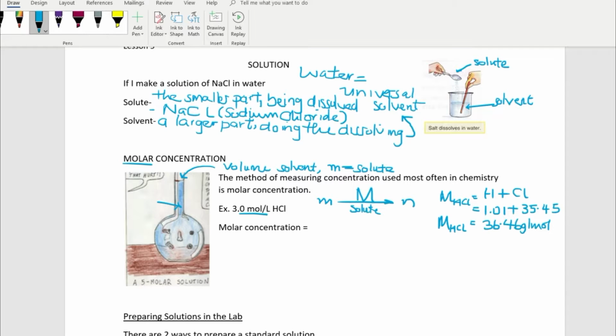So the molar concentration in here is determined by getting the number of moles of solute, measured in moles, and you divide it by the volume of the solution.